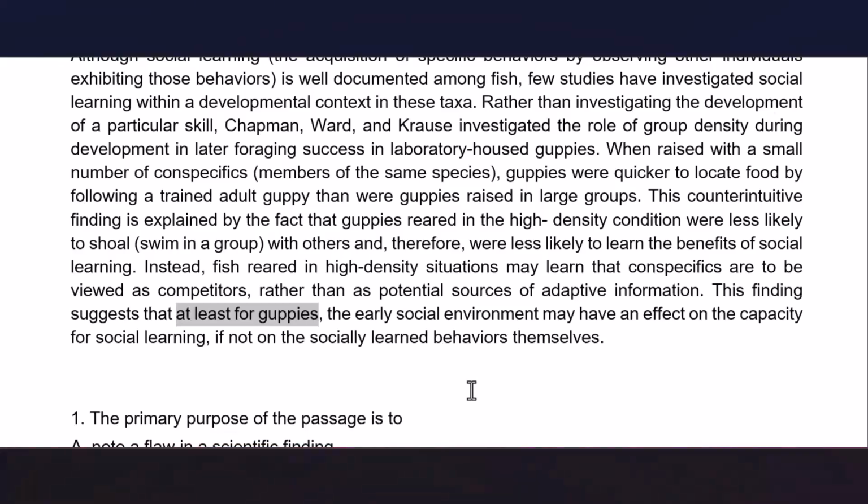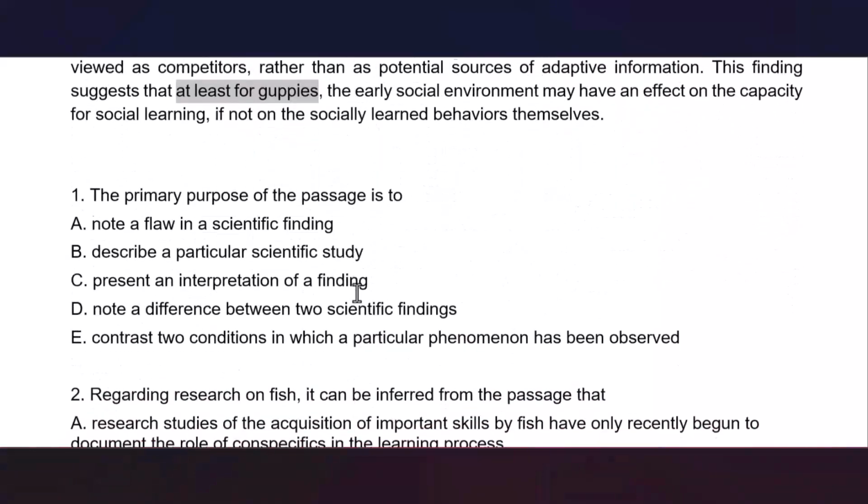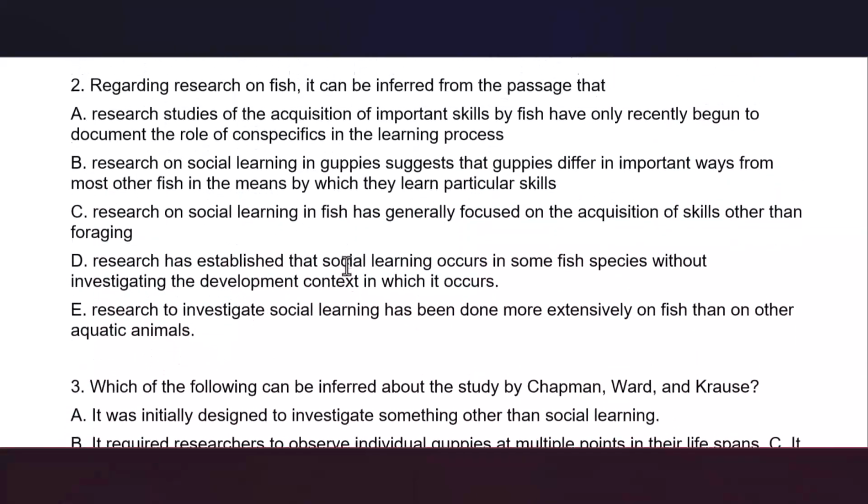Actually, the passage tries to draw a parallel between guppies and other kinds of fish in terms of the effects of their social environment on their social learning and social behaviors. So this option is clearly rejected.